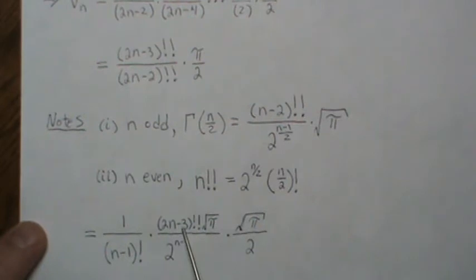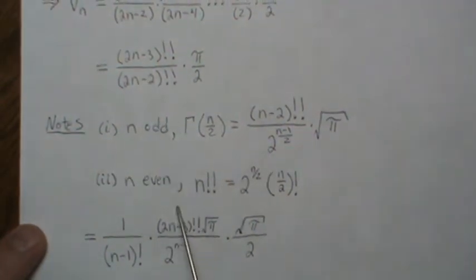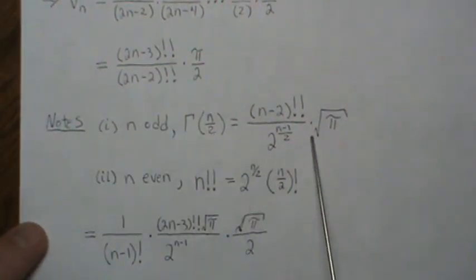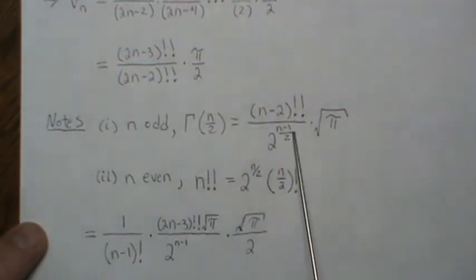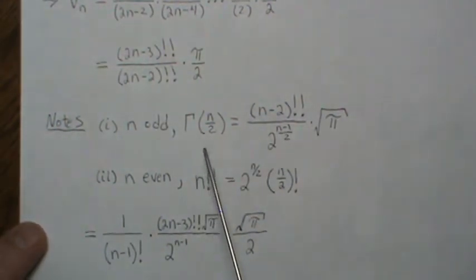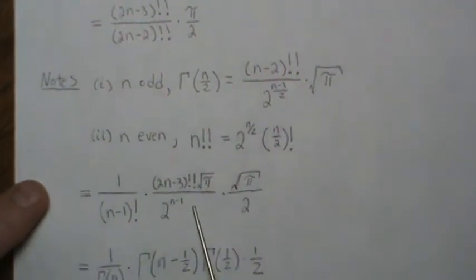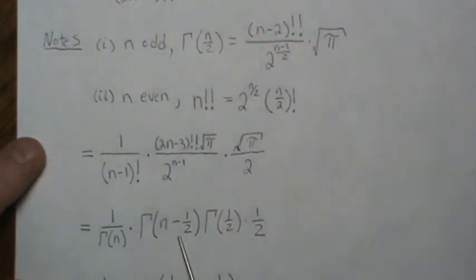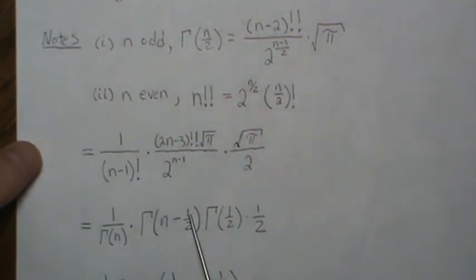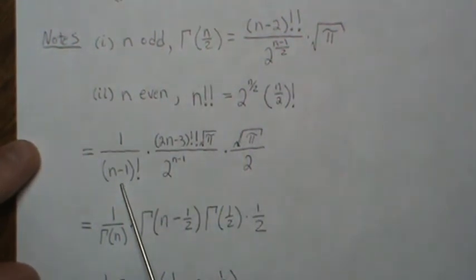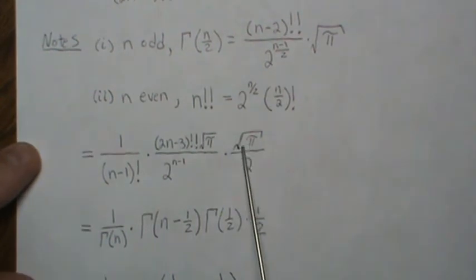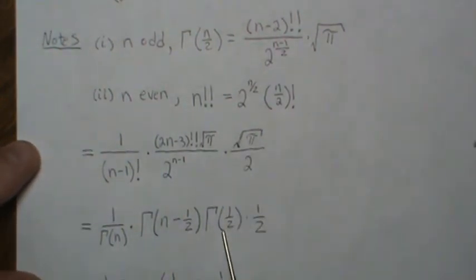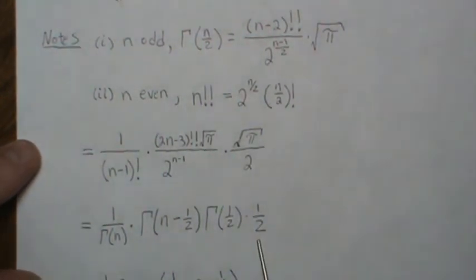And now this just stays the same. But now if we use this formula, we get this relationship. So this is a gamma, right? So this is gamma of n minus 1/2. Or you could say 2n minus 1 over 2, but I'll write it like this. And n minus 1 factorial is gamma of n. And then we have square root of pi, that's gamma of 1/2. And then we have this extra 1/2.